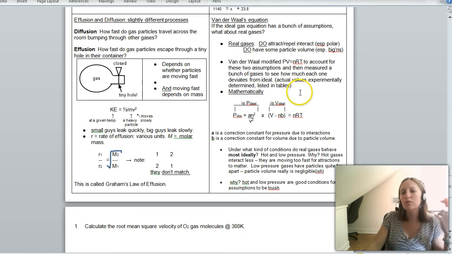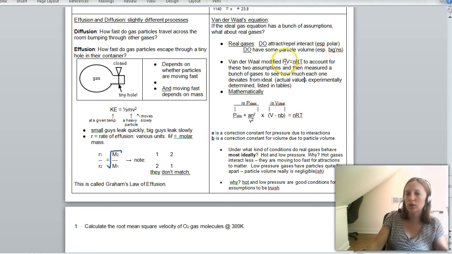So van der Waal was like, okay, so the ideal gas equation says these two assumptions. Let me fiddle with that equation to make it describe real gases. So he took PV equals nRT and then said, okay, pressure is an assumption.